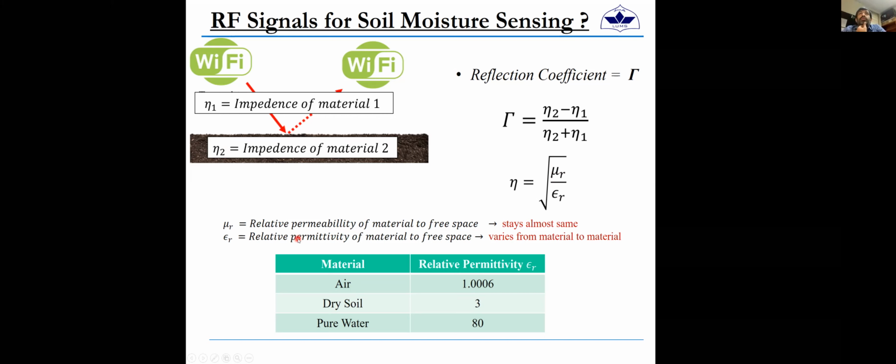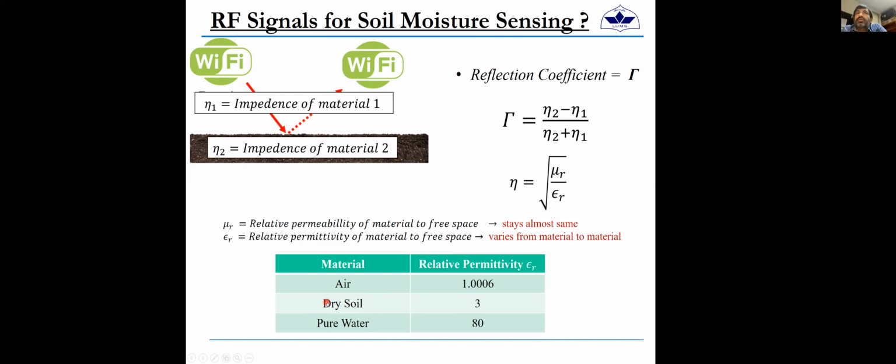Okay, so this quantity, the relative permittivity of the material, varies a lot. As an example, in the table, please observe that as we move from air to dry soil to pure water, the permittivity increases from almost 1 to 3 to 80.